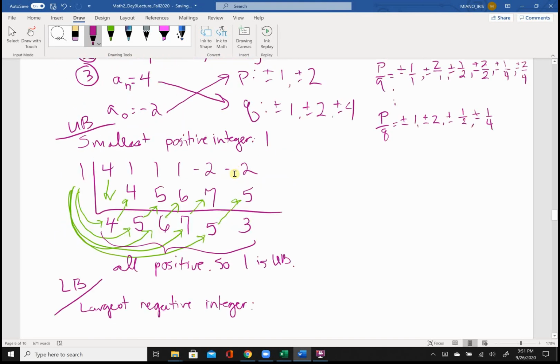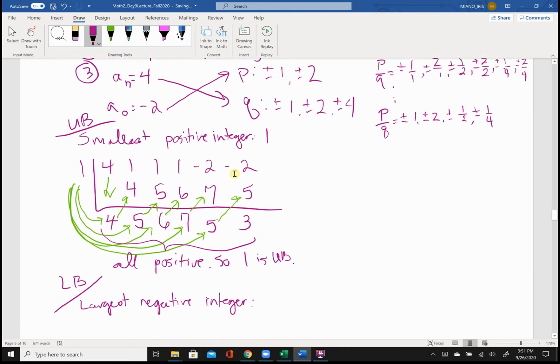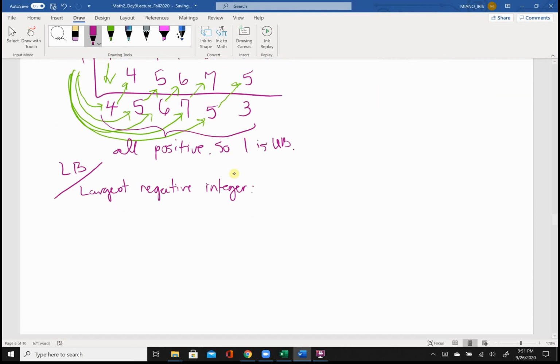So the one that's the largest integer, it has to be an integer, and the one that's closest to 0, that means it's the largest, that'll be -1, okay, out of the list. So now do the synthetic division with -1. And if you have alternating signs in the third row here, then that means that -1 will be our lower bound. So 4, 1, 1, 1, -2, -2.